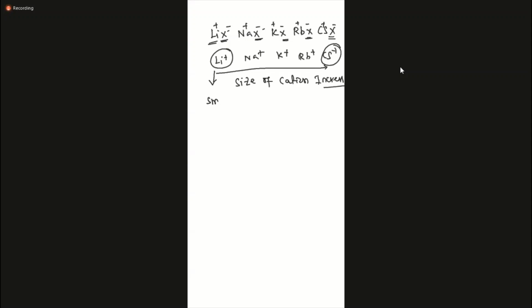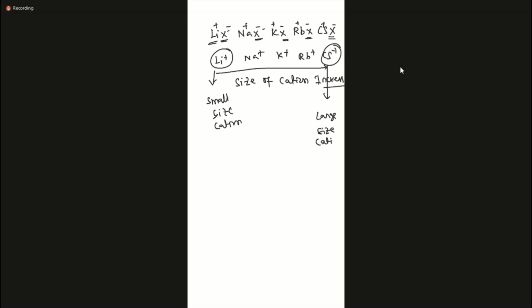So that's why we need to take Li plus, Na plus, K plus, Rb plus, Cs plus. Size of cation increases down the group. Is this correct? This is large size cation, this is small size cation. Li plus is small size cation and Cs plus is large size cation.